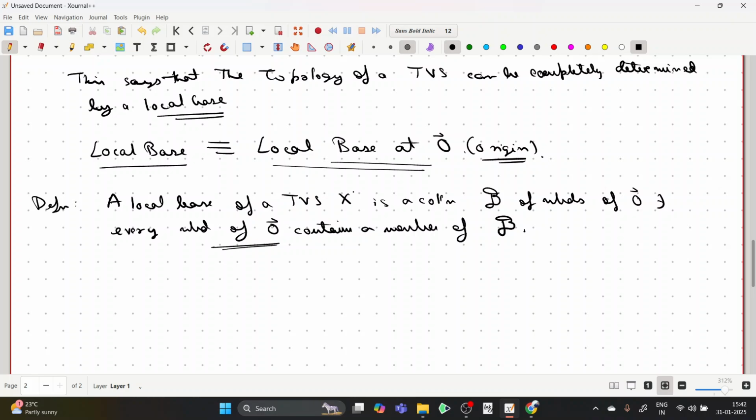So let me repeat: a local base of a topological vector space X is a collection script B of neighborhoods of the origin such that every neighborhood of the origin contains a member of script B.